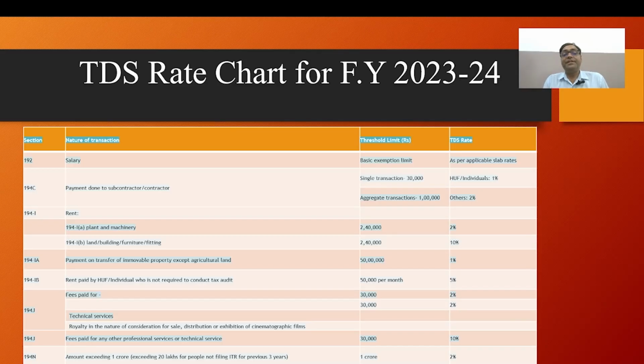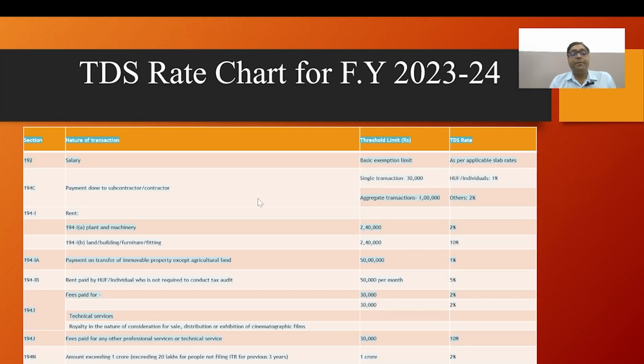Now I will be discussing the TDS rates chart of the financial year 2023-24. In section 192, you will see salary. The TDS rate is as per applicable rates and basic exemption limits.